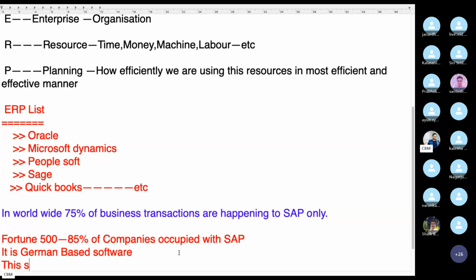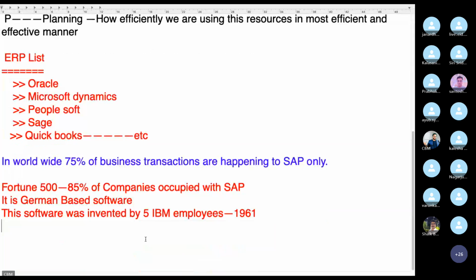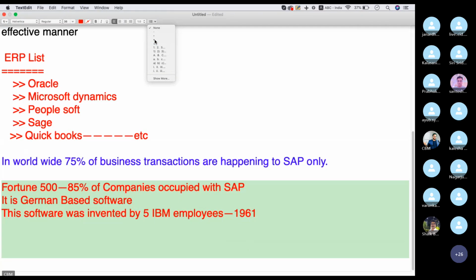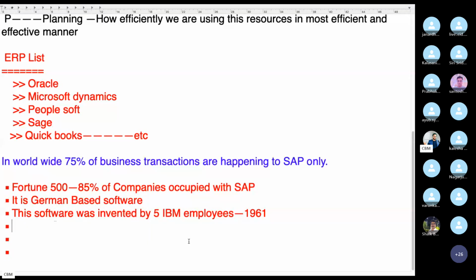This software was invented by 5 IBM employees in 1961, so they are IBM employees, and this is a German-based software company.